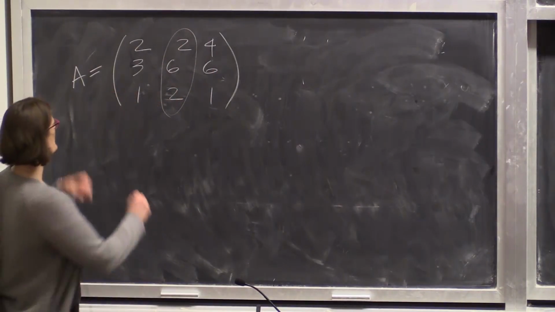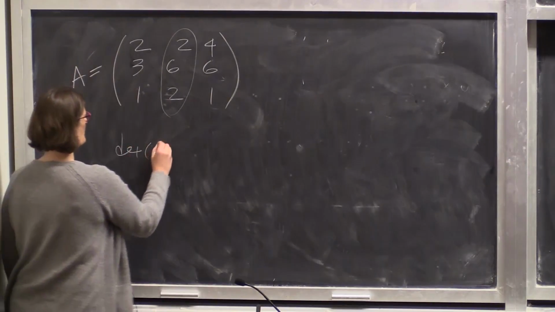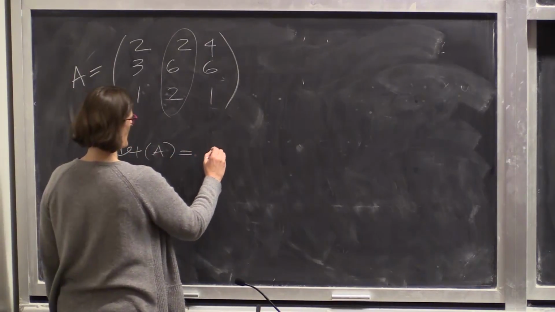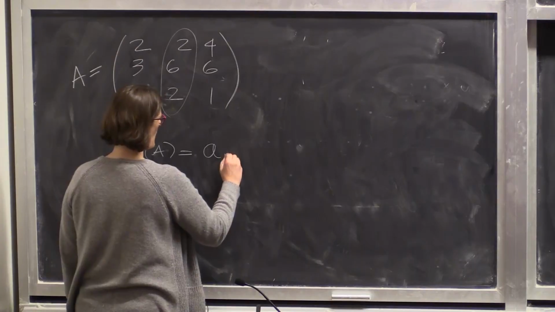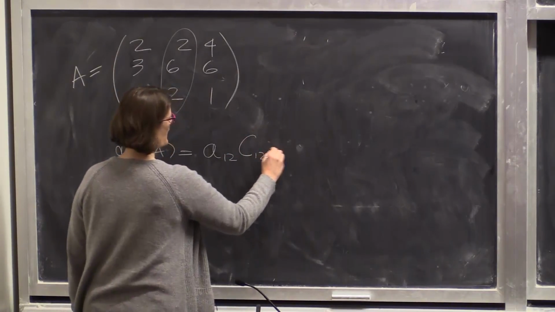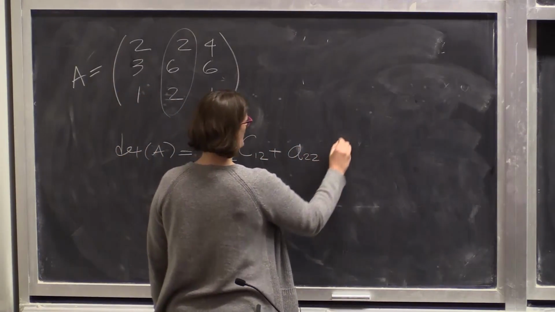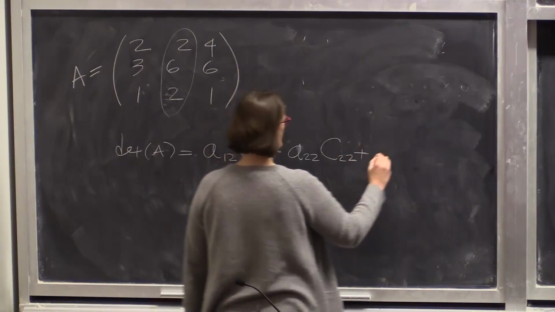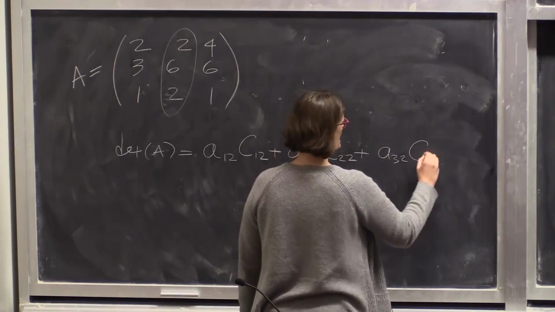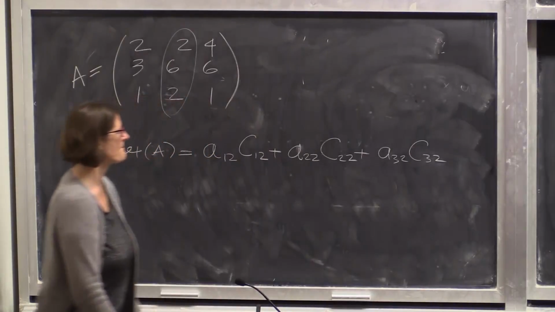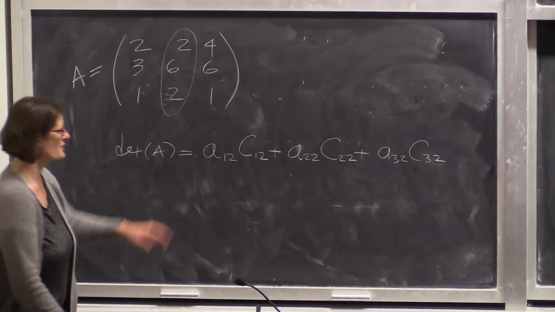So the determinant of A is going to be A 1, 2 times the 1, 2 cofactor plus A 2, 2 times the 2, 2 cofactor plus A 3, 2 times the 3, 2 cofactor. That's just the definition of how to compute a determinant.